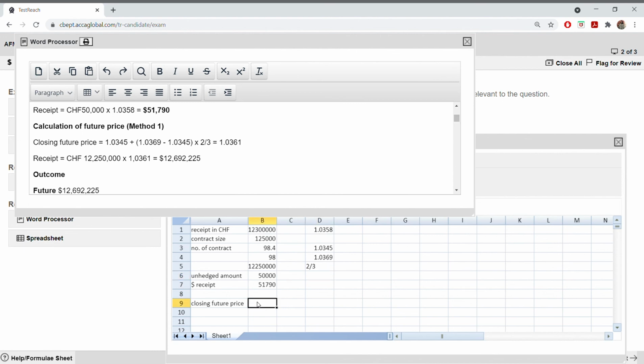So now when you enter equal to this plus this, you put a bracket. This minus, no, I'm sorry. Can you see how much time this is taking? Minus this one, d4 minus d3, close bracket, multiply by 2 over 3, equal to.